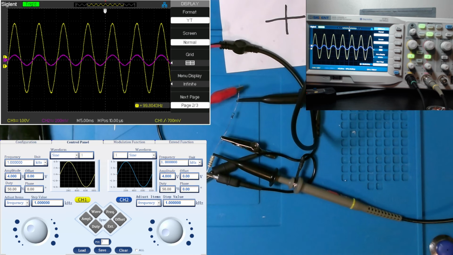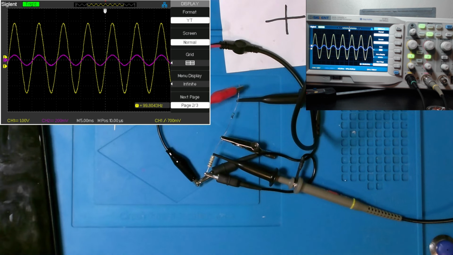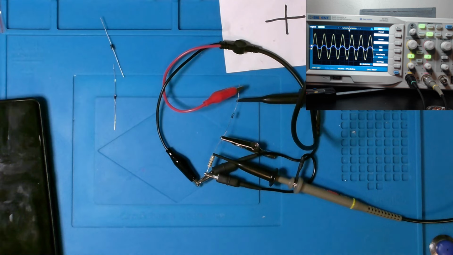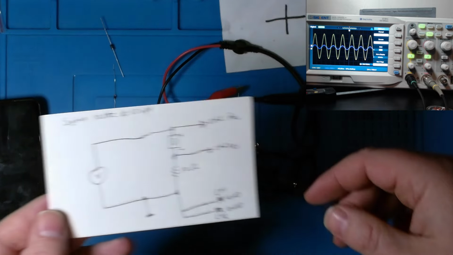Okay, component level troubleshooting. Let me turn off this gen for a second, just on the display, and I'll turn off the oscilloscope too, and just show you what I got going on here. Essentially, I made a pretty simple circuit.